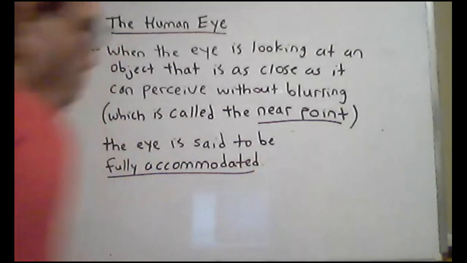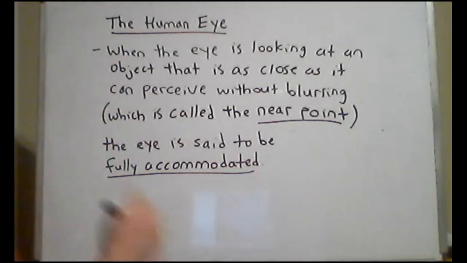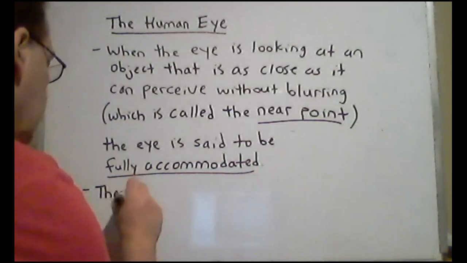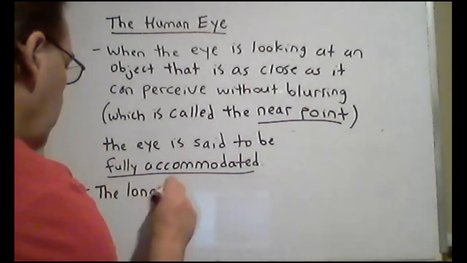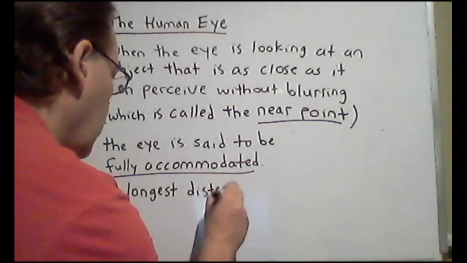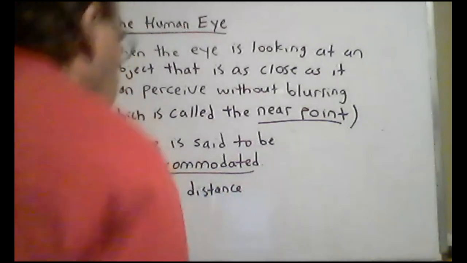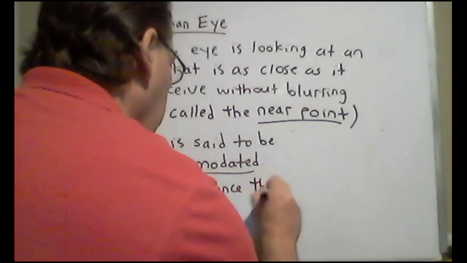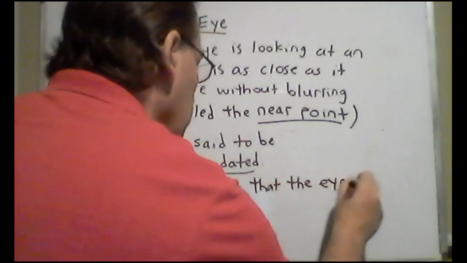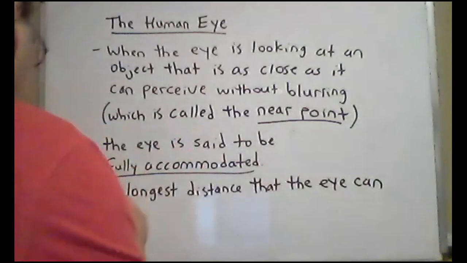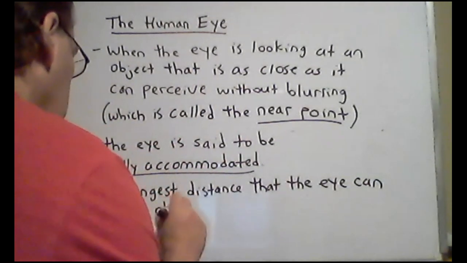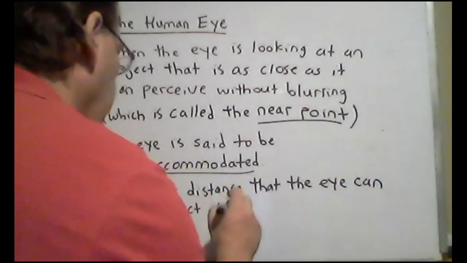And one more term is the longest distance that the eye can see an object. It is called its far point.